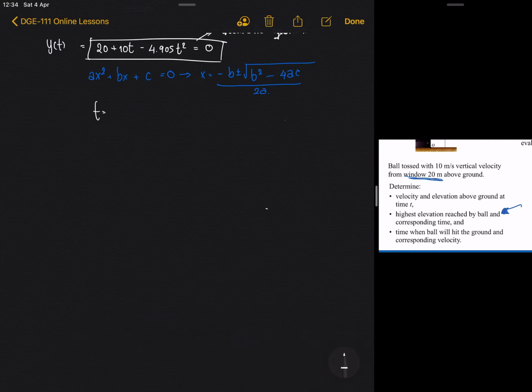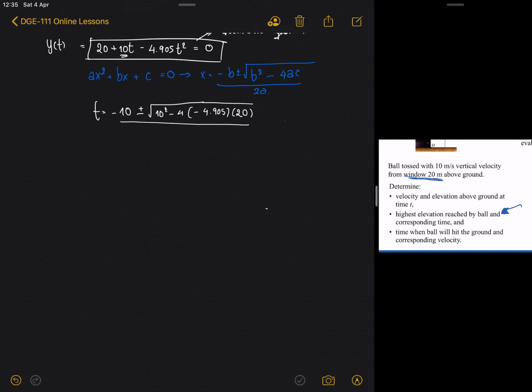So t will equal minus b, b is 10 here, so minus 10 plus or minus the square root of 10 squared minus 4ac, where a is minus 4.905 and c is 20, and everything here is over 2 times minus 4.905. Let me check with the calculations.